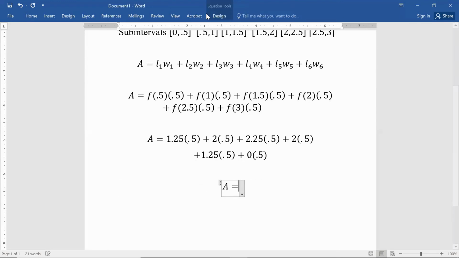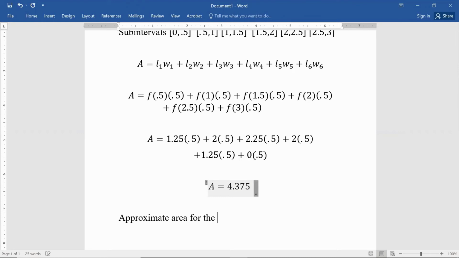Let's go ahead and add these up. I'm just going to add this up in my calculator. When I added those up, the area of the rectangles added up to 4.375.